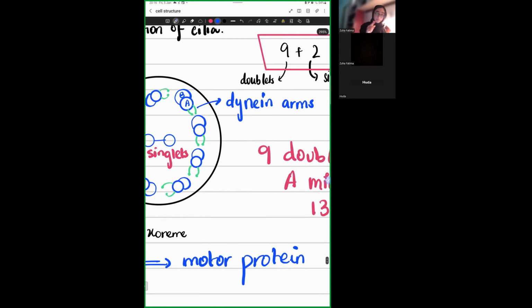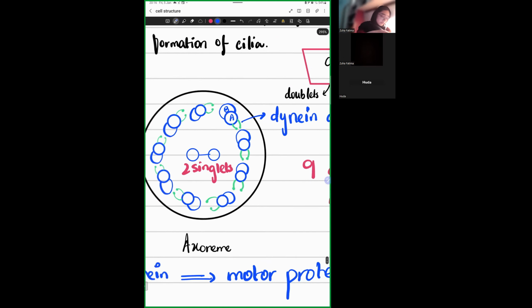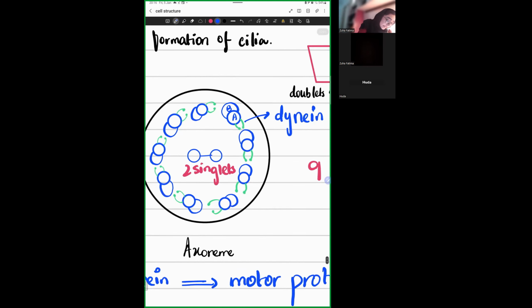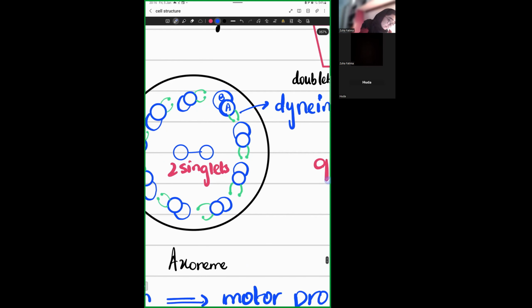And if you could see a pattern, I want you to notice this pattern, that this complete microtubule with its dynein arms, these dynein arms are pointing towards the semi-complete B microtubule.